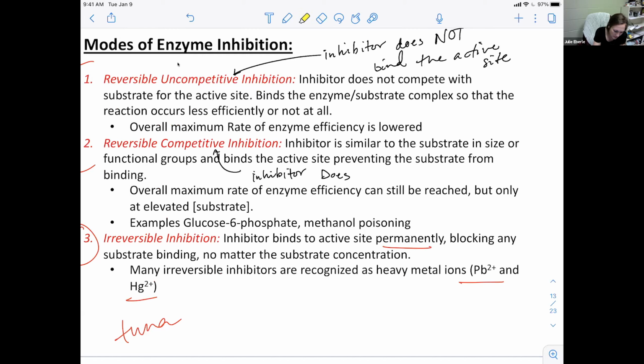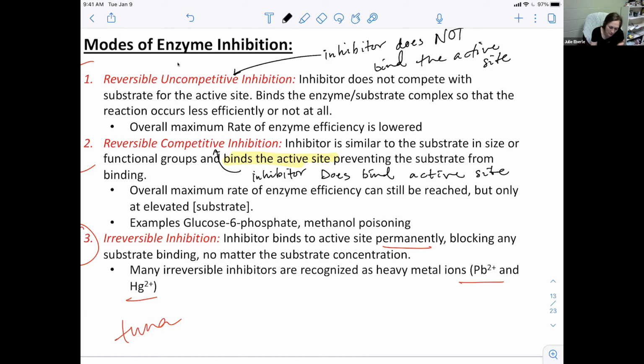So right here it says it binds the active site. So it does bind the active site. It's competing for the active site. And the first one, it's not competing for the active site. It doesn't care if the substrate binds the active site or not. It's interested in binding somewhere else. But it affects how the enzyme functions.